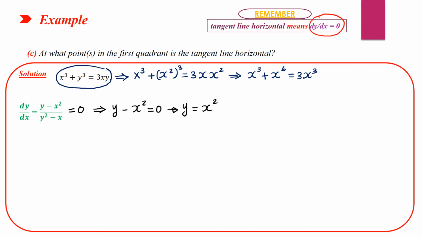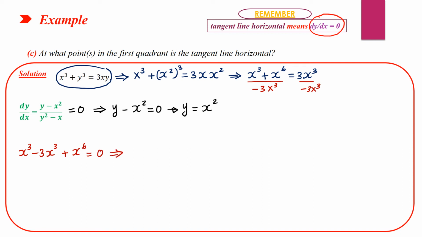Now you have to subtract 3x cubed from both sides. So you will get x to the 3 minus 3x to the 3 plus x to the 6 equals 0.